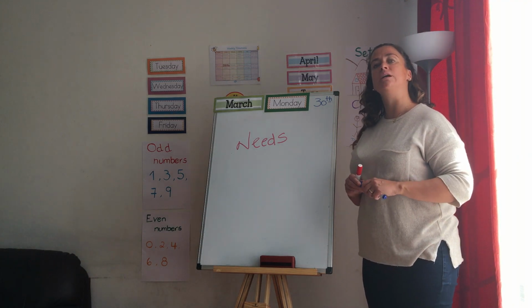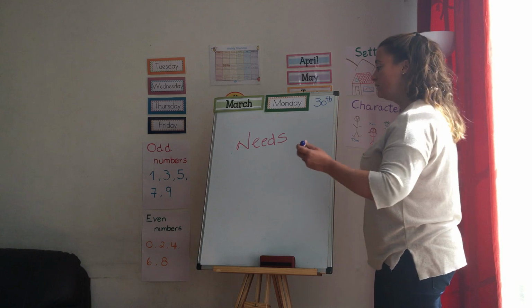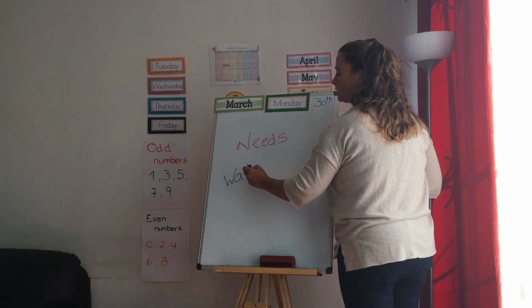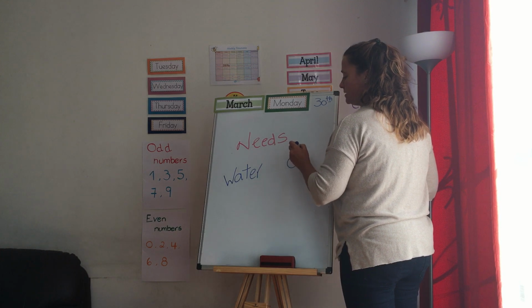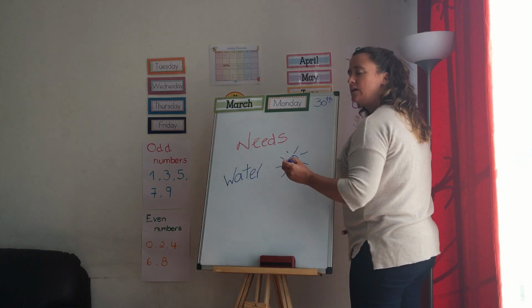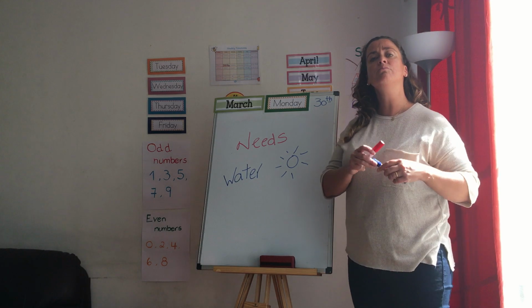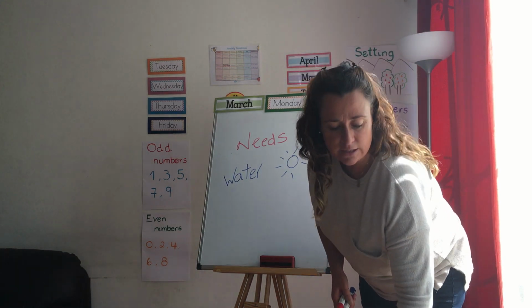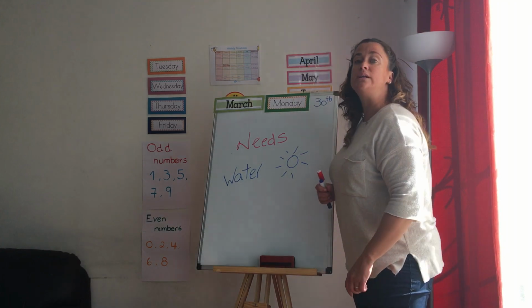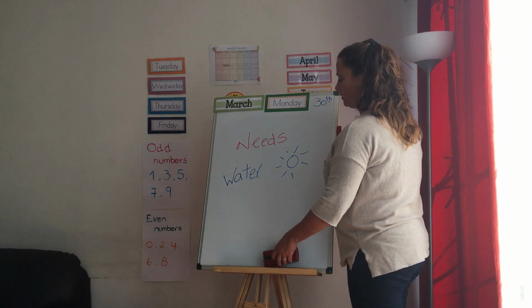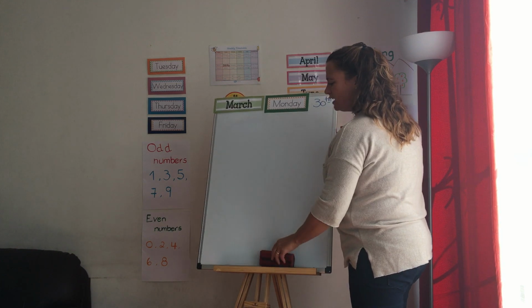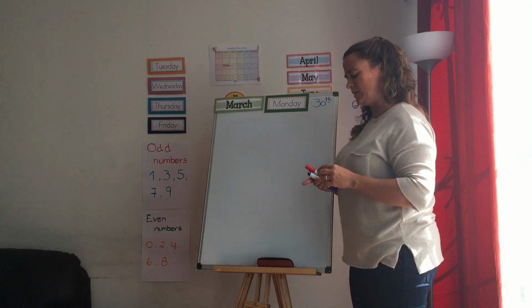But the main ones they need are water and light. Well done. Those are 2 big important needs that they all need to be able to survive. Good one. Today we're going to talk about something just a little bit further apart from this.